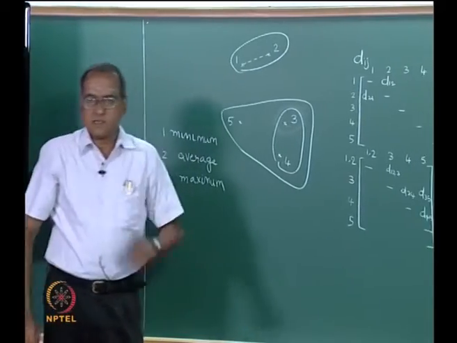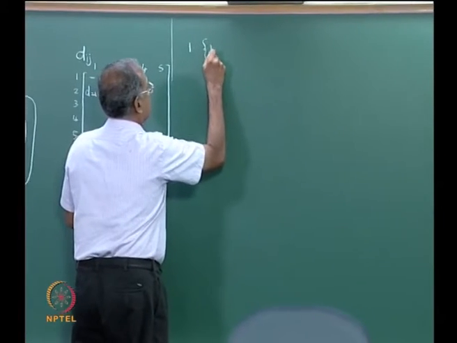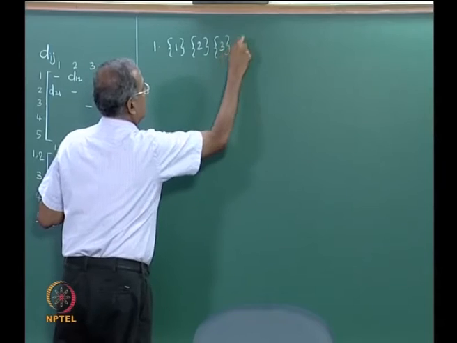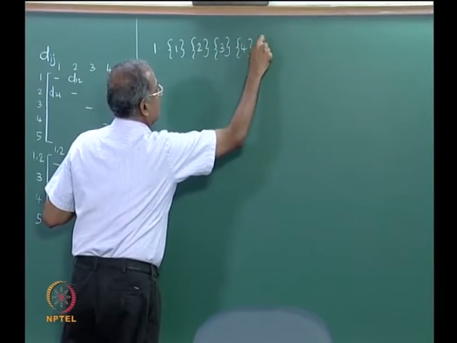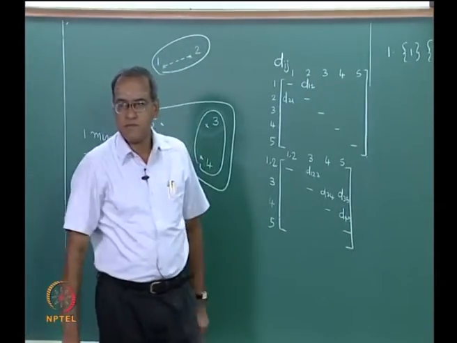So, we did 2 things. We started with a solution which is like this: 1, 2, 3, 4, 5 as 5 groups.